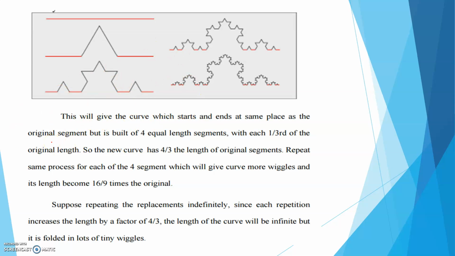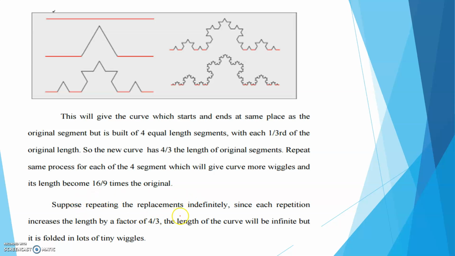This will give the curve which starts and ends at the same place as the original segment, but is built of 4 equal length segments with each 1/3 of the original length. So the new curve has 4/3 the length of the original segment. Repeat the same process for each of the 4 segments, which will give the curve more wiggles and its length becomes 16/9 times the original.